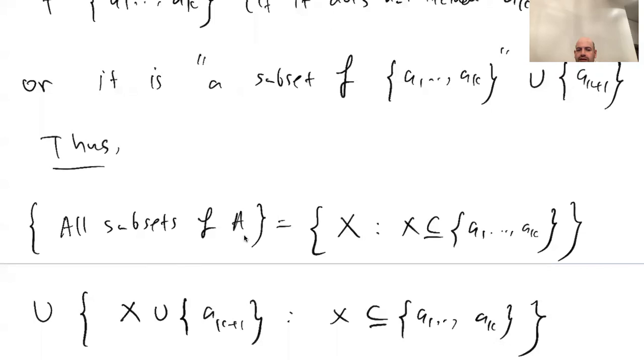Any subset of A is either a subset of A1 to Ak, in the case that the subset does not include A(k+1), or it's a subset of A1 to Ak union A(k+1), in the case that the subset includes A(k+1).